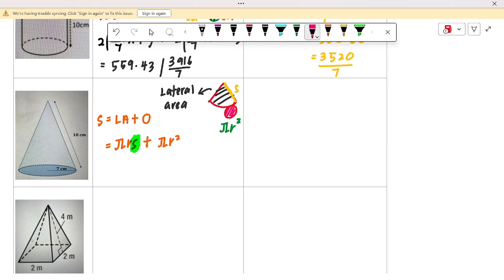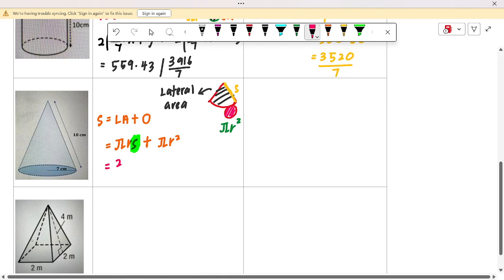So for the cone, how will you calculate? 22 over 7 times 7 times 10 plus 22 over 7 times 7 square. That's all. And what will your answer be?